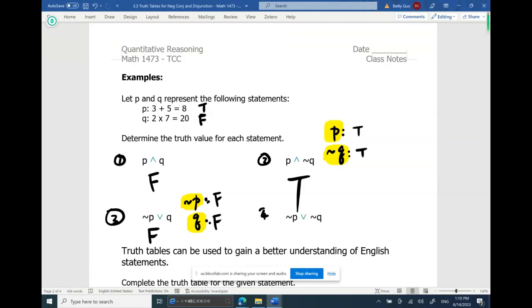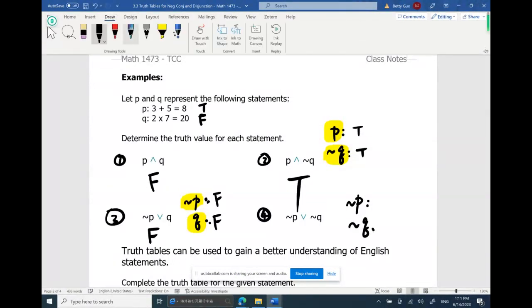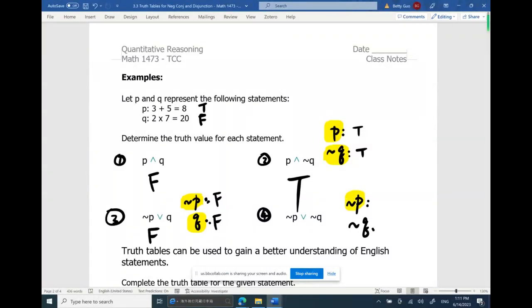Number four, this compound statement is a disjunction as well. Two components. The first component statement is not P. Second component statement is not Q. Let's color, this is the first component, this is the second component. We're taking the disjunction of the two components.